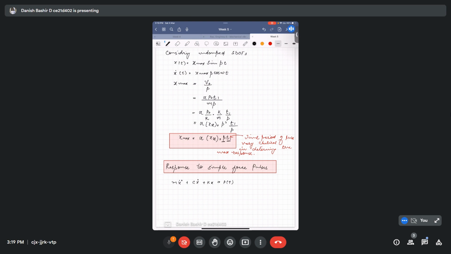So I showed you in the last lecture, when we rearrange things, we get this. We rearrange c by m like this. Okay, x dot plus k by m, we already know, we replace it with p square. It's the square of the natural frequency of the system, and p of t divided by m.